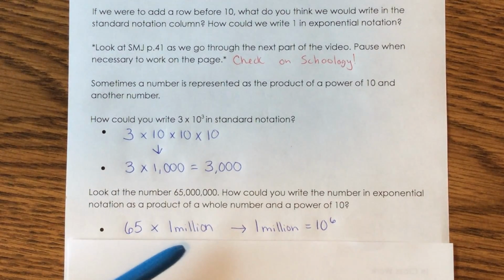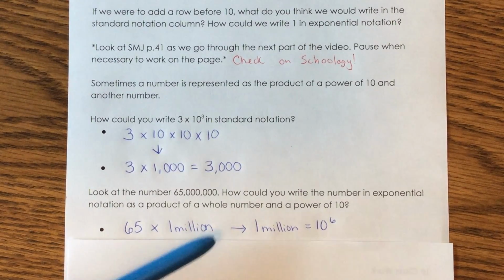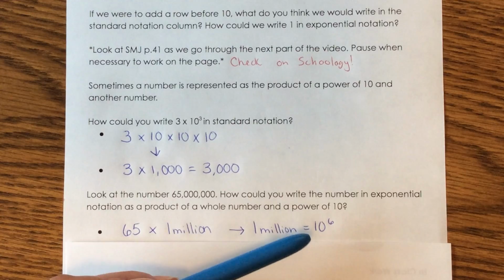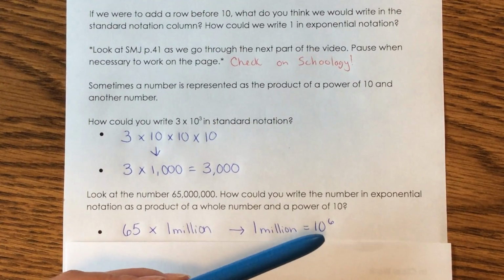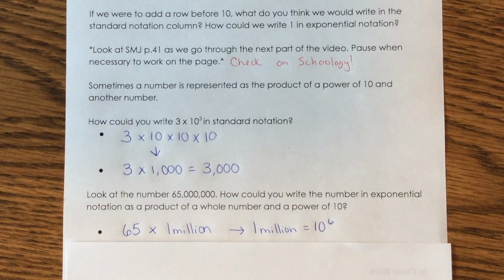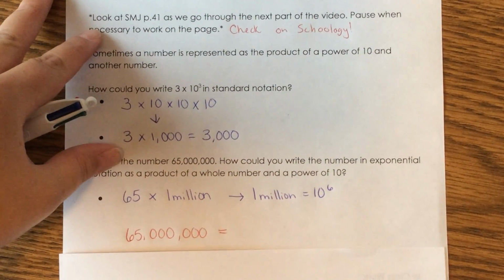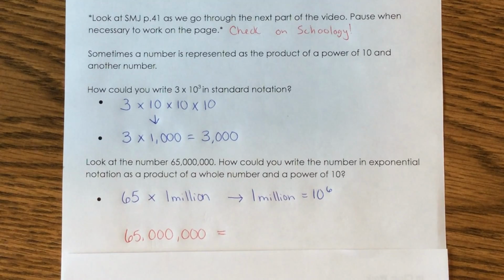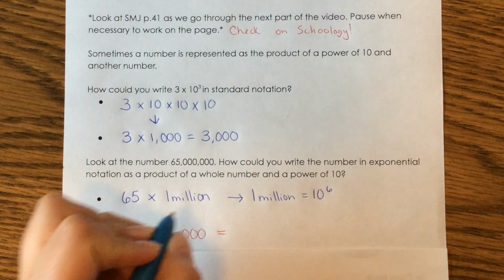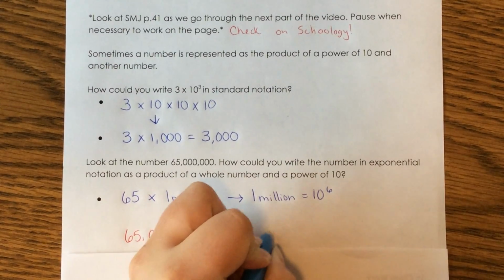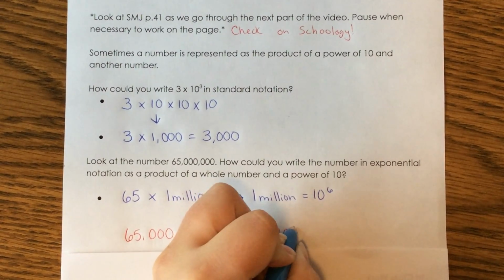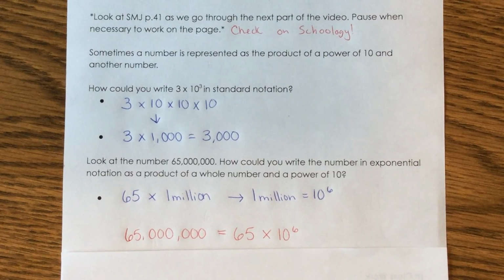We also know that 1 million can be written as a power of 10. 1 million is the same thing as 10 to the power of 6. So we can take that information to help us rewrite 65 million is equal to 65 times 10 to the 6th power.